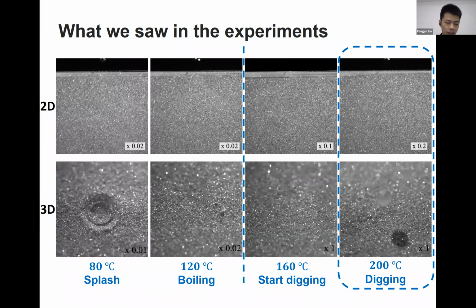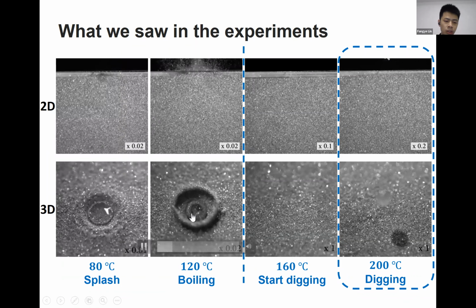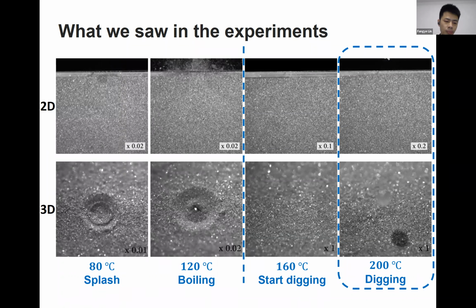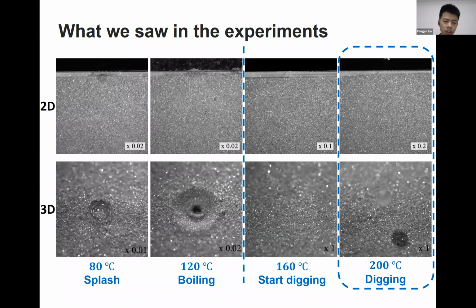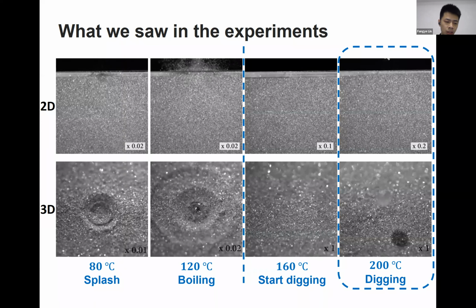Then it quickly enters the gaps among grains. As temperature increases to 120 degrees Celsius, the vaporization of the water drop induces a stronger splash during the impact process. A persistent granular fountain can be observed due to the water boiling. Temperature then increases to 160 and 230 degrees.